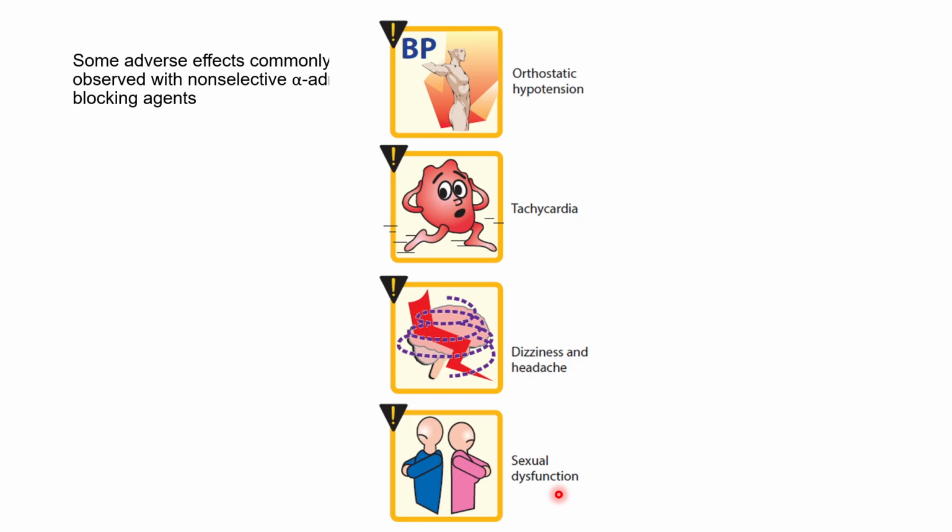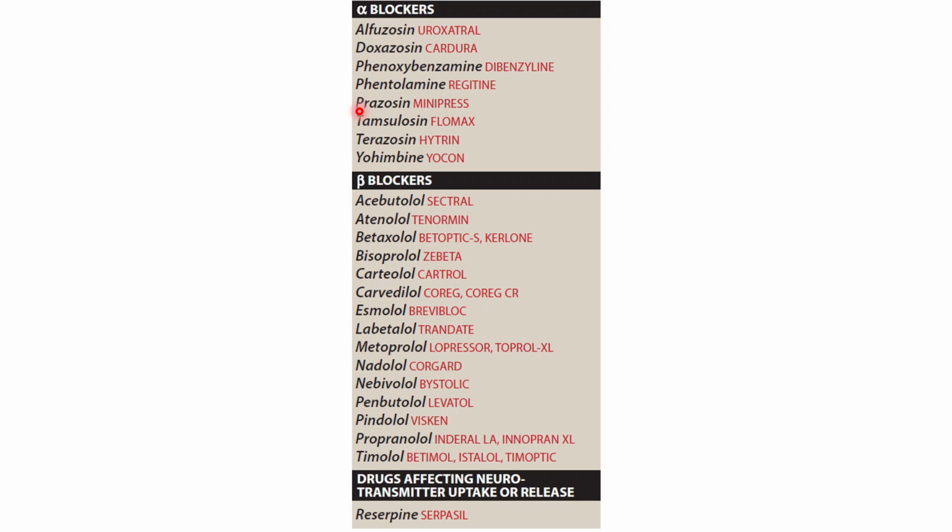Then the next group of drugs are prazosin, doxazosin, and terazosin. These are selective alpha-1 blockers, and they are used as antihypertensive drugs, because they decrease the peripheral vascular resistance and decrease the blood pressure by relaxation of the smooth muscles of the vessels.